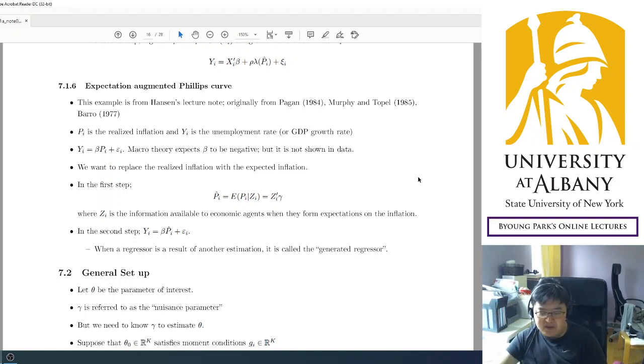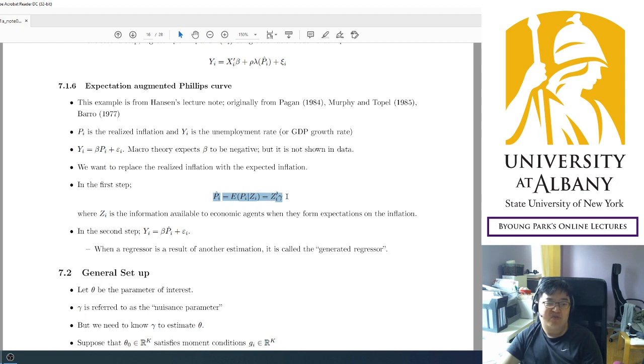The problem here is that to fit the idea to the data, we need to know the expectation. Of course, expectation is not observed in the data, but one way many economists have done it is to estimate the expectation of inflation.